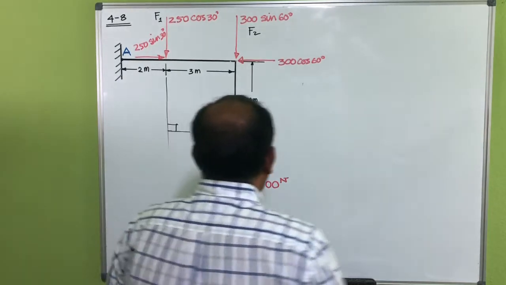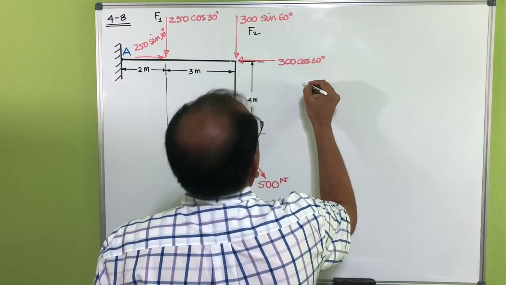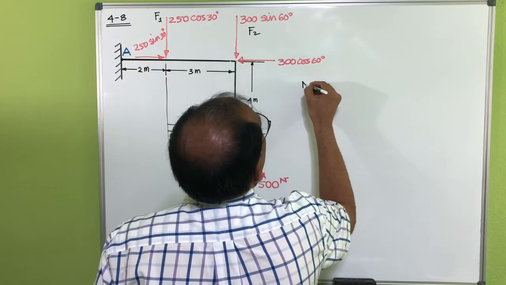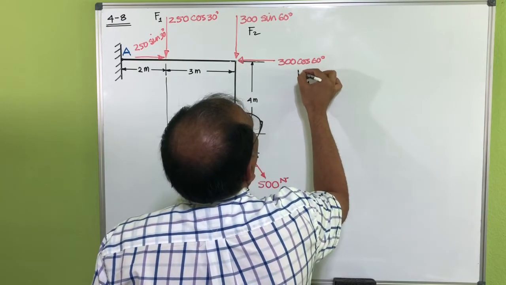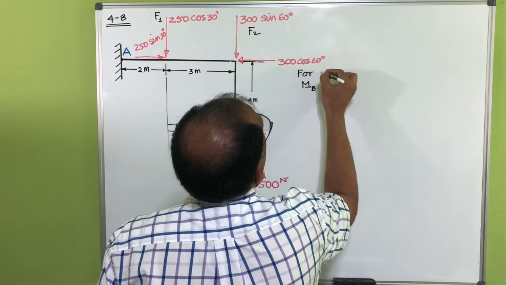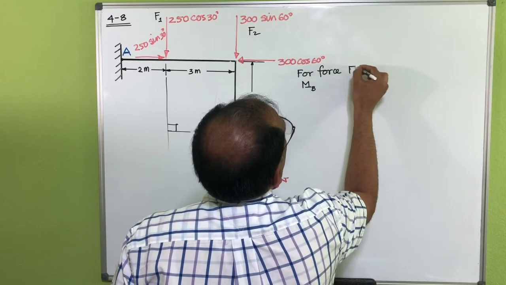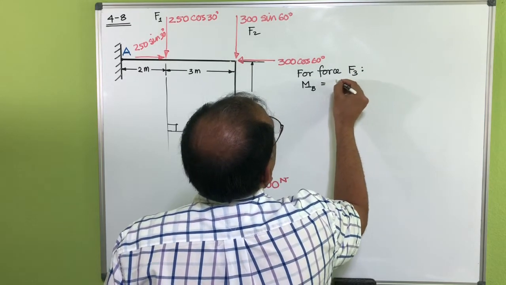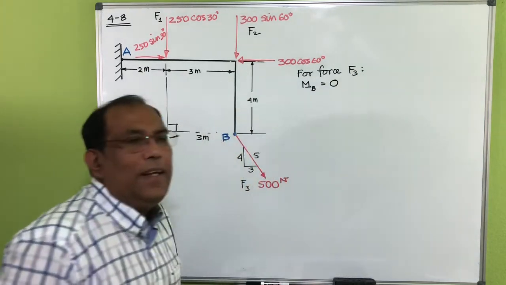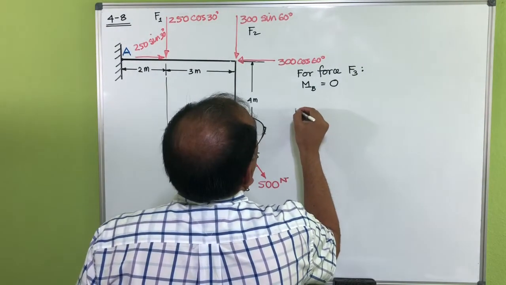So let me write it down: moment at B for force F3 has to be 0. Okay? Now let's do force F1.